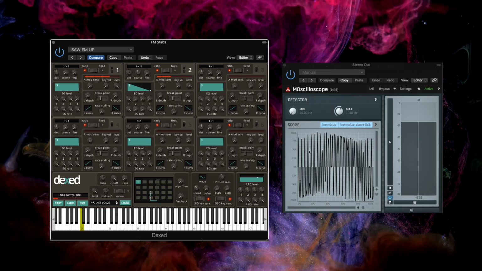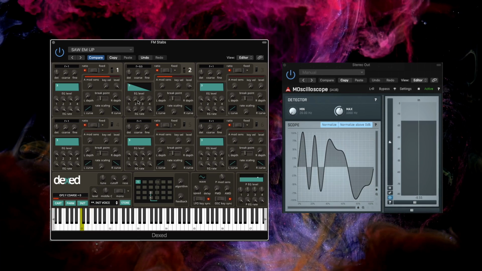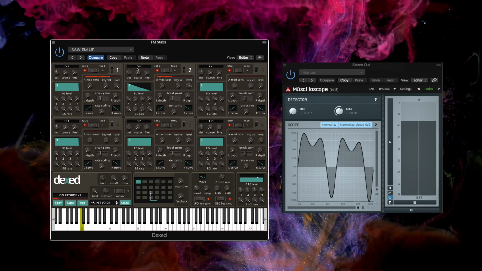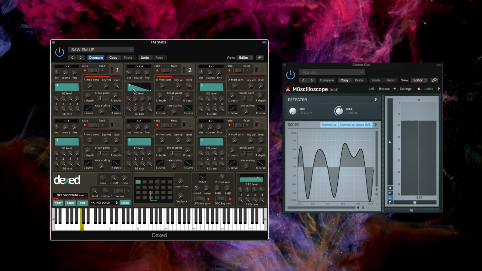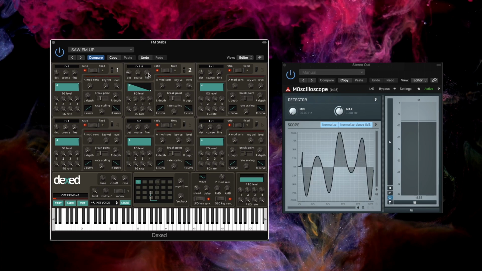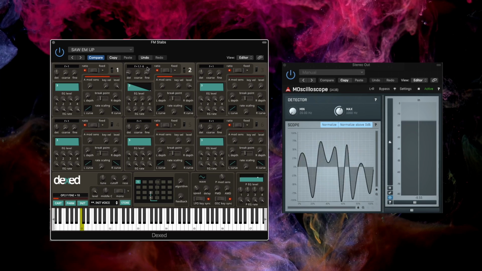And this is the resulting waveform. We can detune it to get a different texture. We can fine tune the pitch.